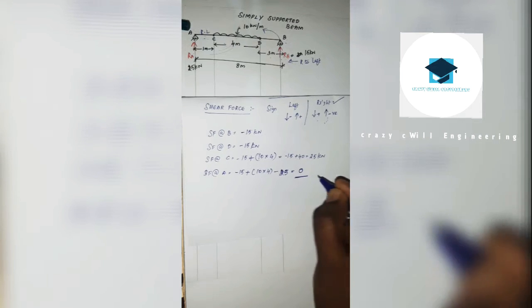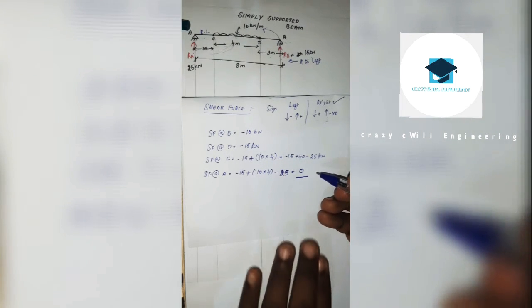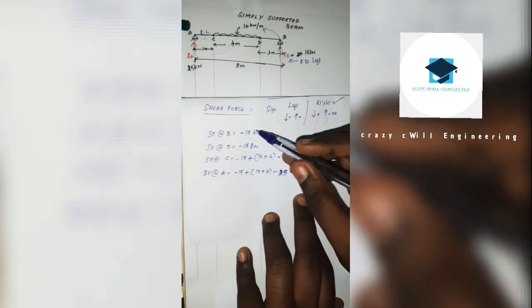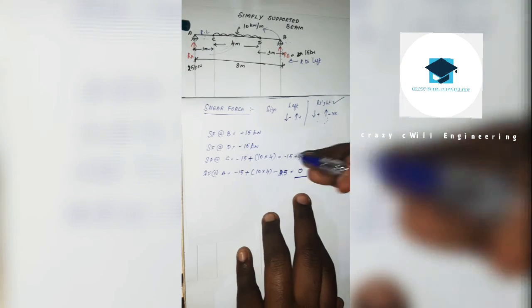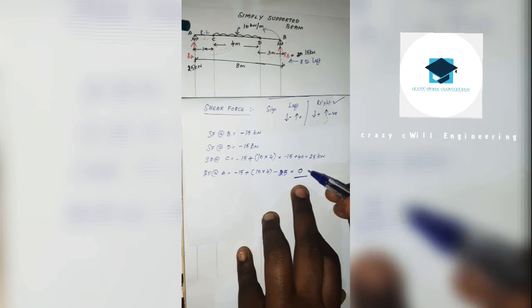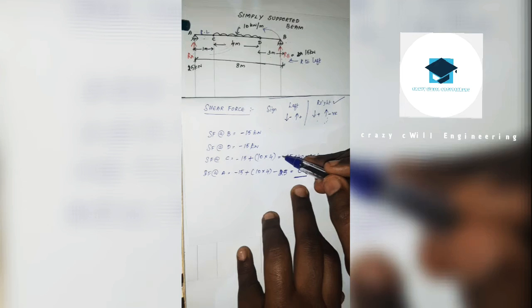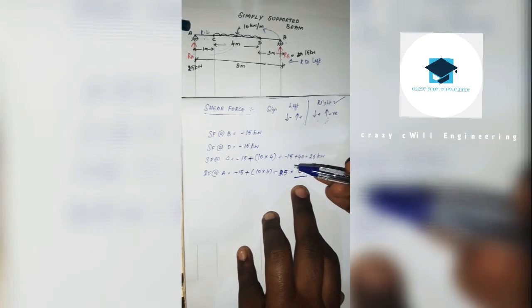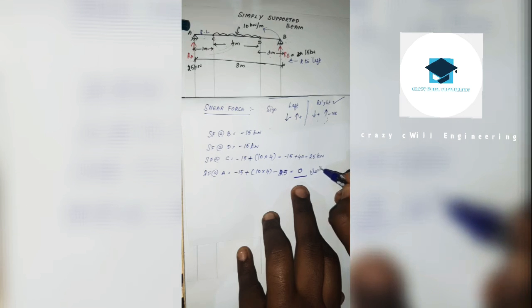This is the check value. If the shear force at A is not 0, the shear force is wrong. If the shear force at A is 0, your shear force calculations for the other loads are correct. This is the check.